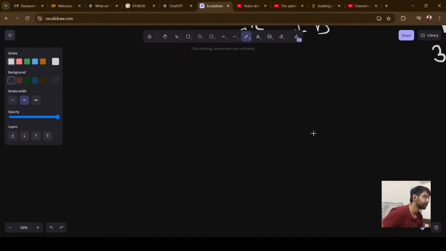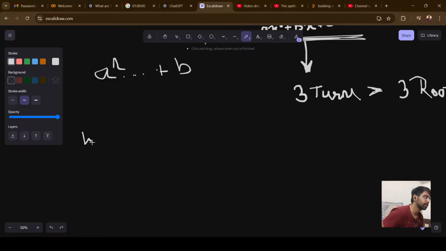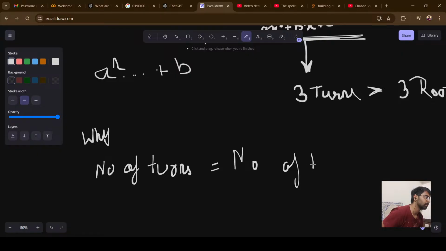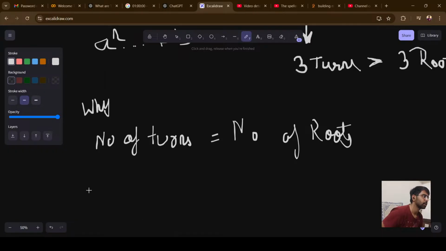Why is the number of turns equal to the number of roots? Okay.